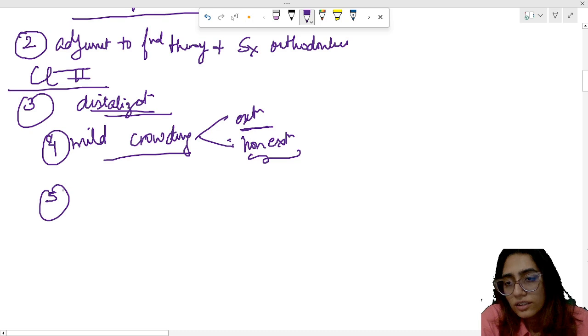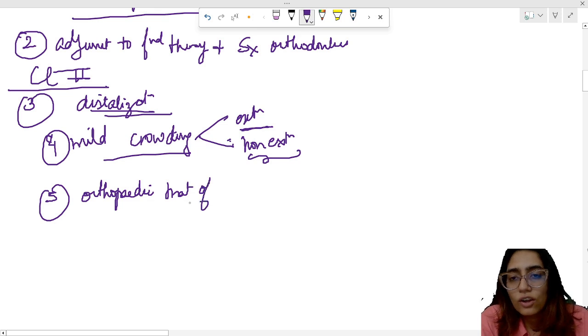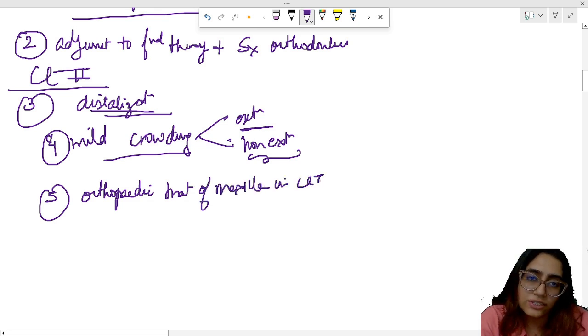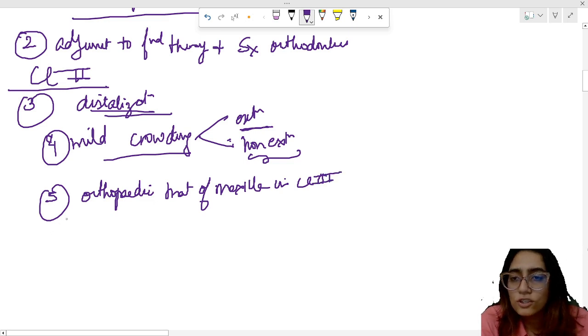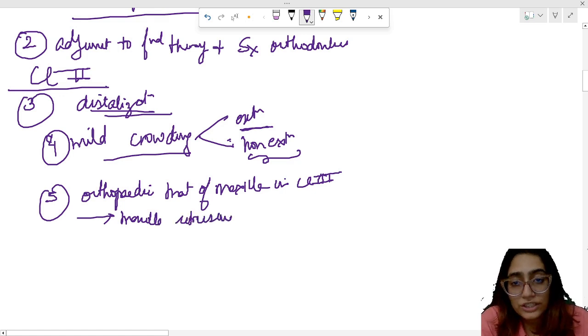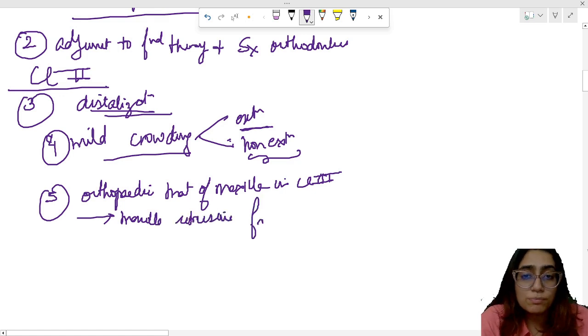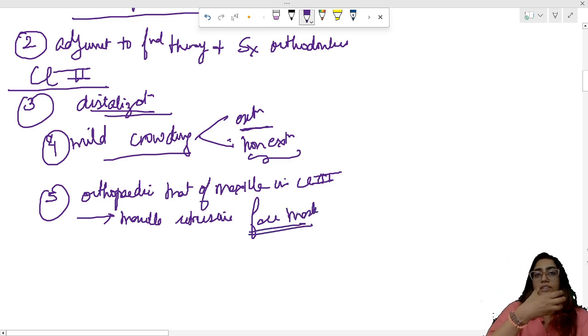Next is orthopedic traction of maxilla in class 3 cases. So in class 3 cases in which the maxilla is retrusive and in the patient who has some growth potential, with the use of face mask therapy, we can bring the maxilla forward.